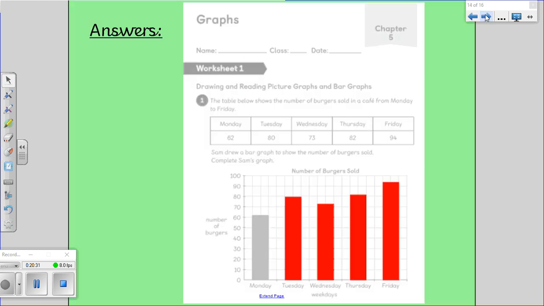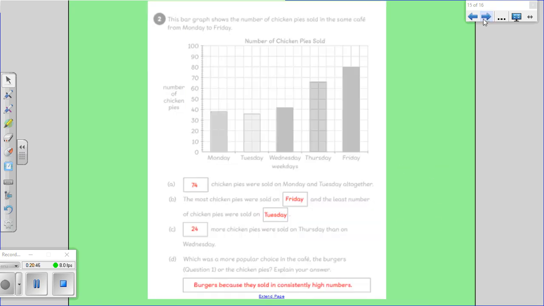Okay, so here are the answers. So here is the graph filled out for you. Well done if you remember to use a ruler. And then on page 2, so there were 74 chicken pies sold on Monday and Tuesday, so you had to add those amounts together.